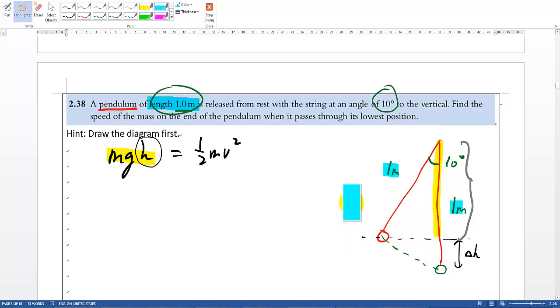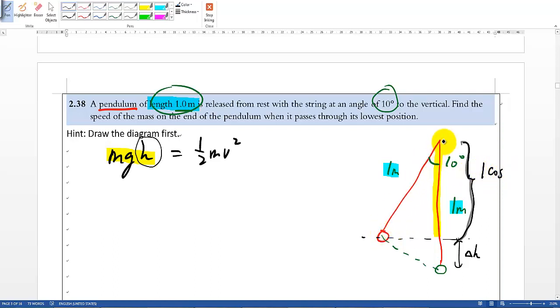But in that case, since the pendulum has already been moved like this with 10 degrees, it will be lower. So you have to find out what is the delta h. And this could be done by using geometry, and you probably find out this length first, and the way to find this out is 1 cosine, because this whole length is 1, right?